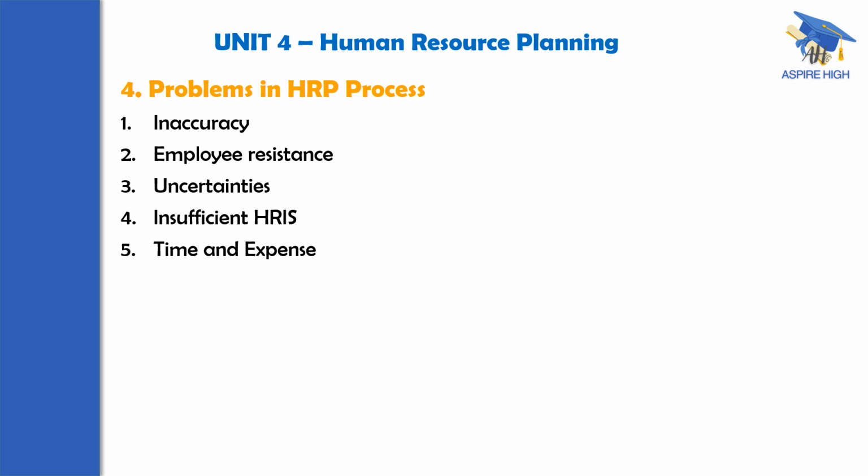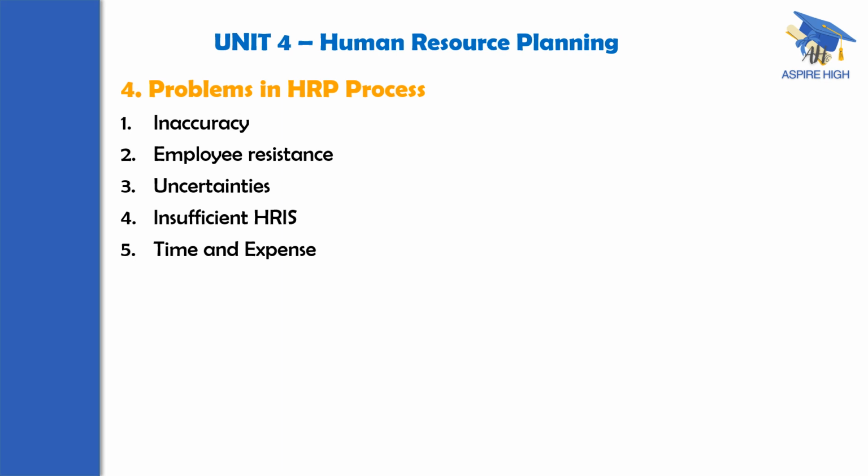So that means everything is not going to be foolproof. The entire estimates based on certain projections may go wrong. So a certain level of inaccuracy is going to happen, is going to be accepted rather.